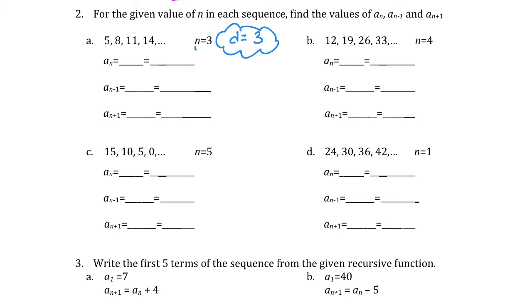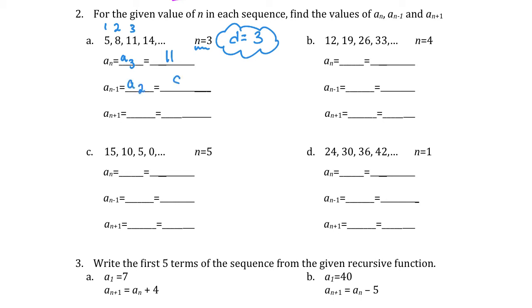Our number we're on now, what I'd like you to do is put the a sub 3 there to replace that n with your 3. We can see that our third number is 11. So that's our a sub 3. A of n minus 1, that means I want a of 2.